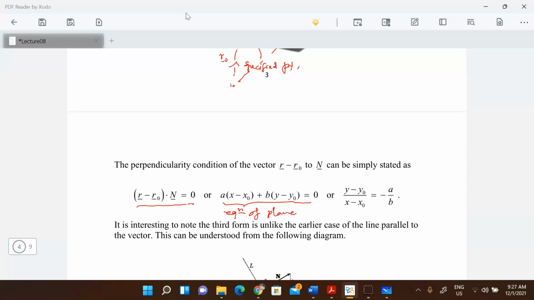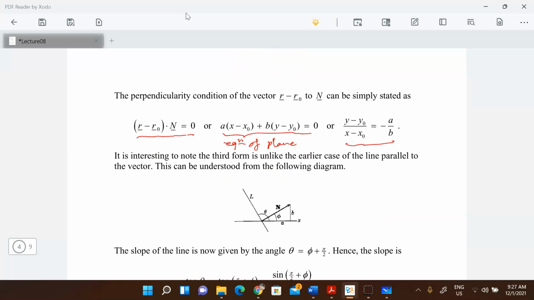And if you try to rearrange that equation, it looks similar to the equation of a line. Now, why is that? The explanation is understood from here. Here is your line in the plane, and that will be the normal. The normal is specified by your a and b.